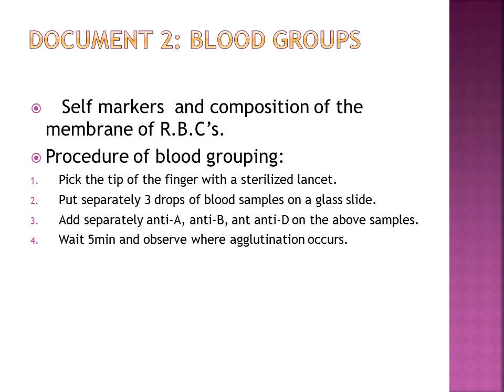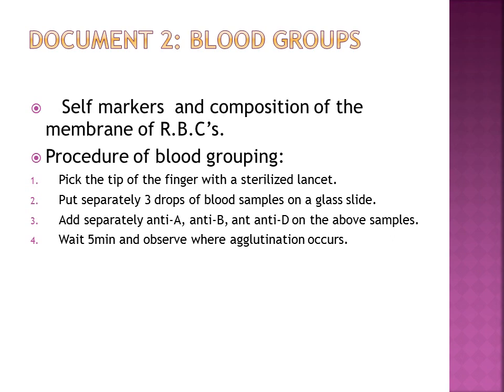Document 2 is talking about blood groups. Blood groups are the self-markers of red blood cells, erythrocytes. As we mentioned previously, the self-markers of white blood cells are called HLA.